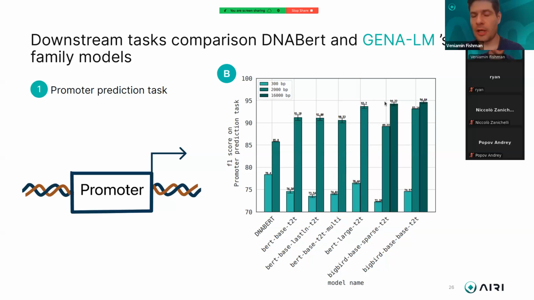But for ultra-long sequences, which are 16,000 base pairs, we have other models which have fewer parameters, but due to sparse attention, they have longer potential input. These models outperform the BERT large model. So depending, for example, on sequence length, and as I will show later, depending on other parameters of your task, different models could show the best performance. So probably try different models in your specific application to find the best one.